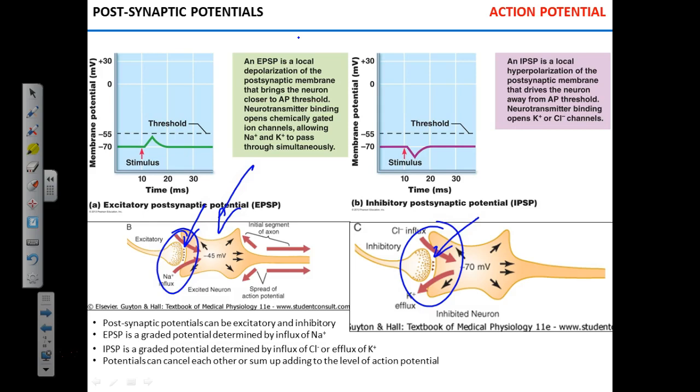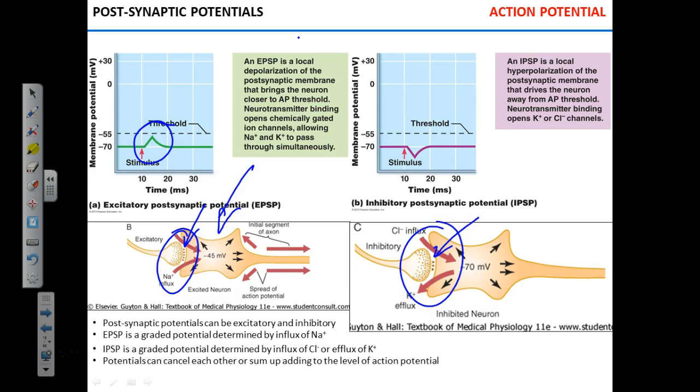Membrane potential on the postsynaptic neuron becomes more, not stronger, more, increases, yes, becomes more positive. In absolute terms, in numerical terms, it becomes more positive. Does that make sense? Okay?